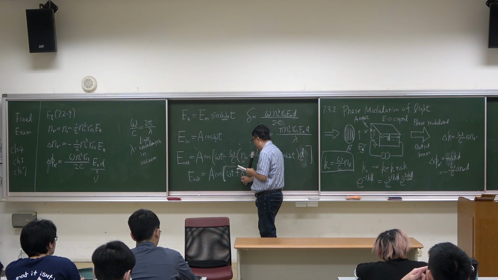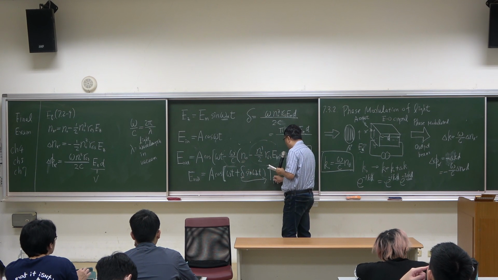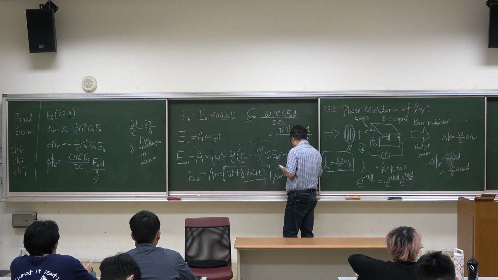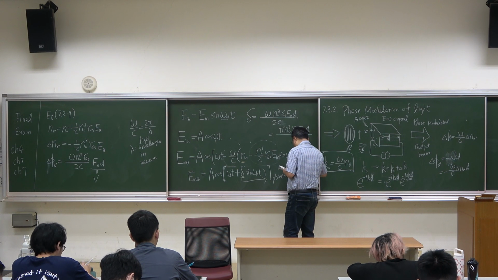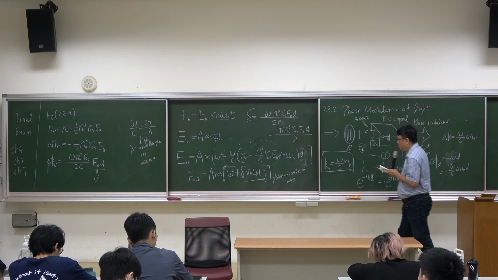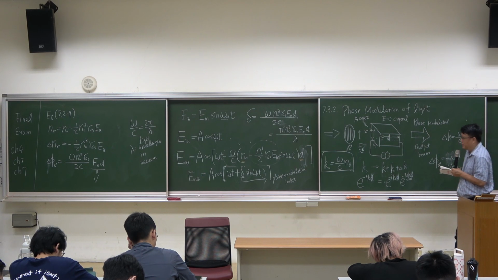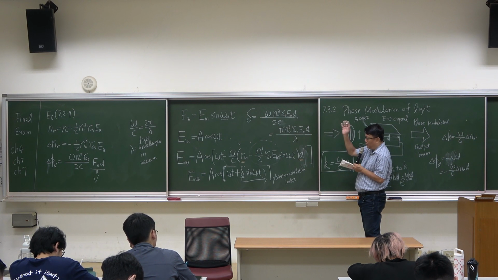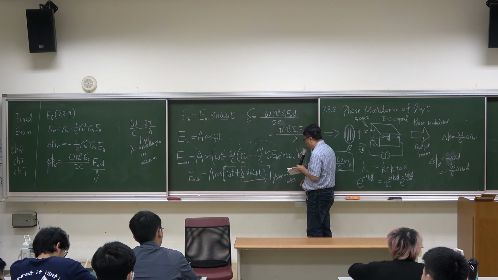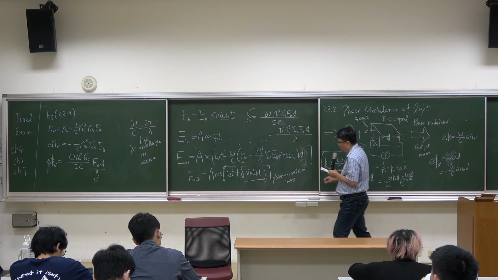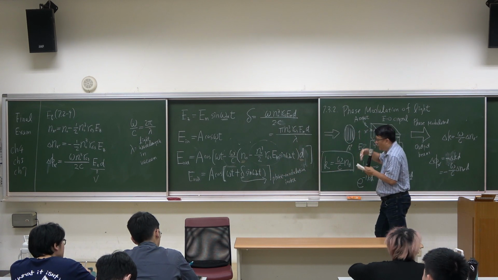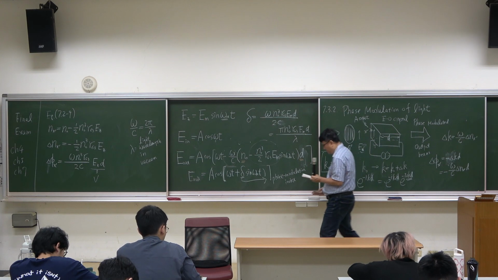This delta has a name called phase modulation index. This constant delta is called phase modulation index. This is not refractive index. It is some kind of constant called phase modulation index. The magnitude of delta determines the amplitude of the modulation.